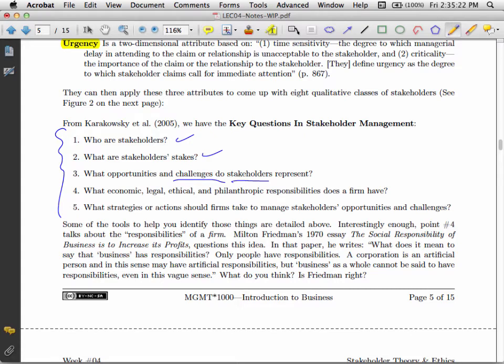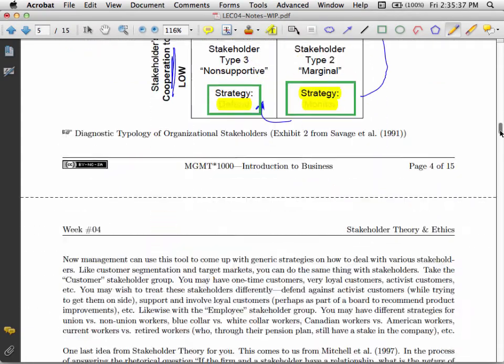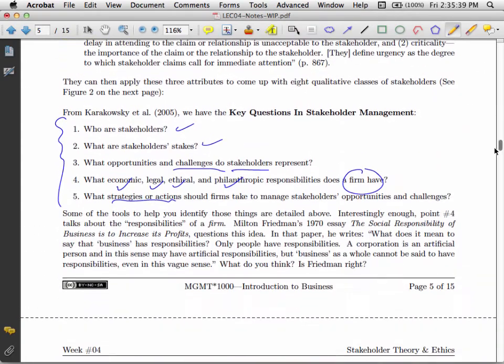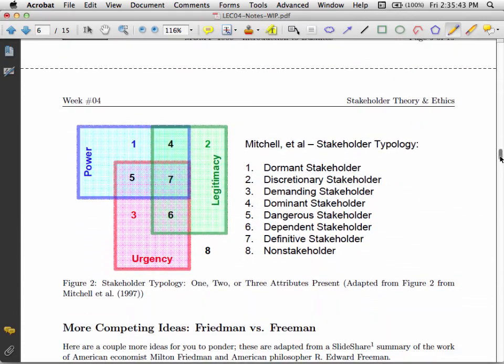These are the threats and the potential for cooperation they represent. What responsibilities in terms of economic, legal, ethical, and philanthropic do we have? And then what strategies or actions should we take? And that goes right back to this 2x2 matrix. Again, really generic kinds of things, but it gives you an idea for what's going on.